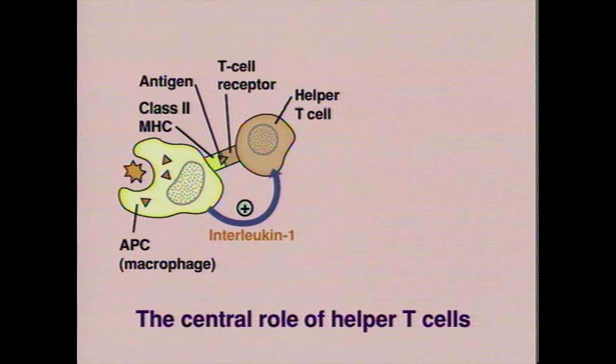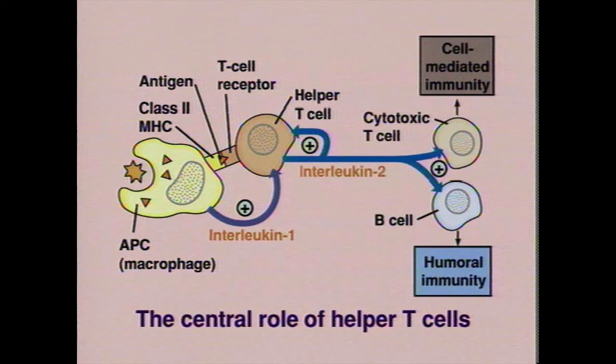That antigen-presenting cell then releases interleukin 1, which is a cytokine, and then the helper T cell is going to release interleukin 2, which is going to stimulate the proliferation of the cytotoxic T cells and B cell differentiation into plasma cells and ultimately memory cells.